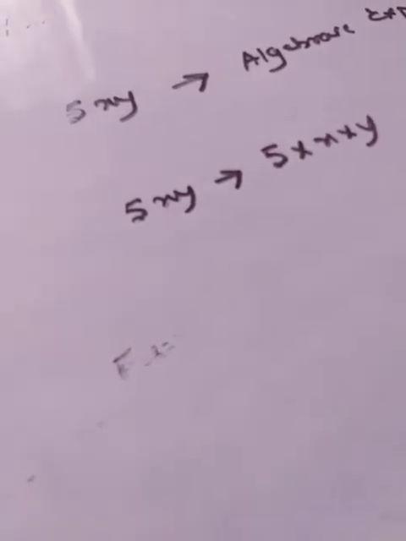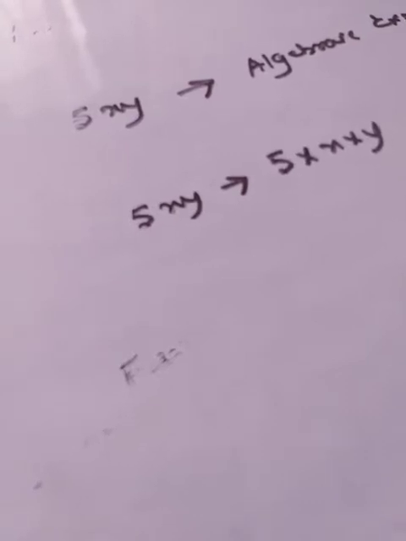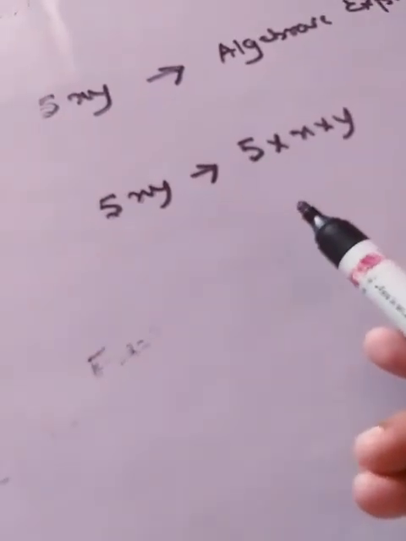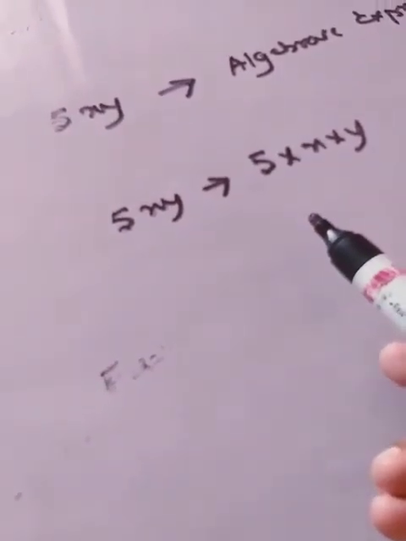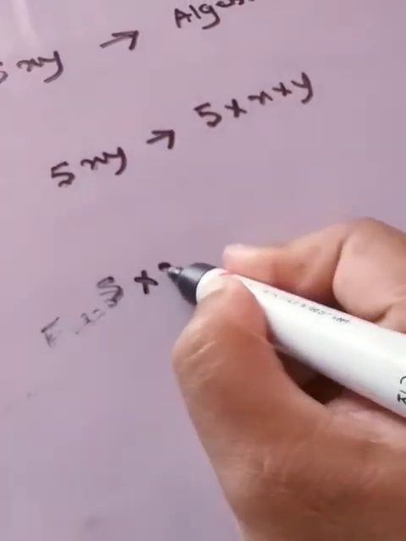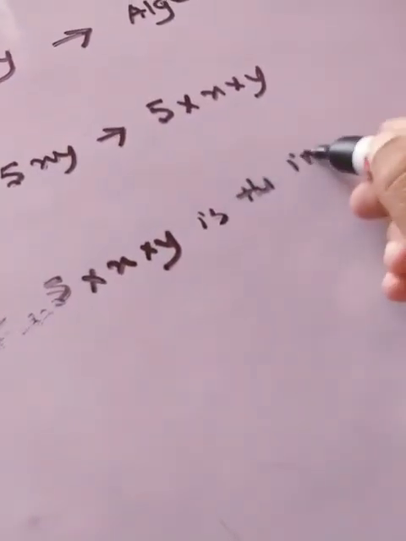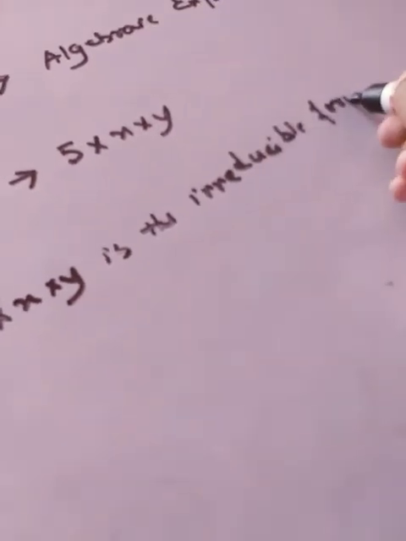In algebraic expressions, you have to understand that this sentence is very, very important, students. In algebraic expressions we use the word irreducible in place of prime. Always remember. So when we say that 5 into x into y is the irreducible form of 5xy, instead of saying it is a prime factor form, we'll say it is an irreducible form.